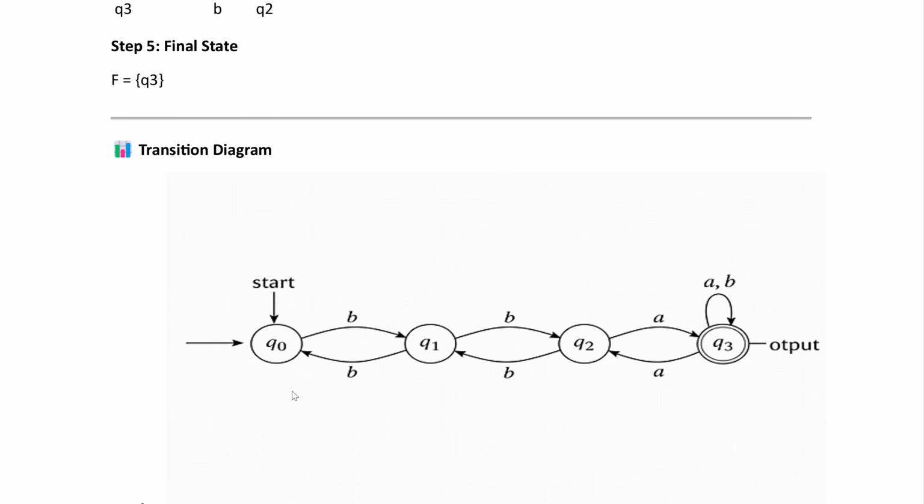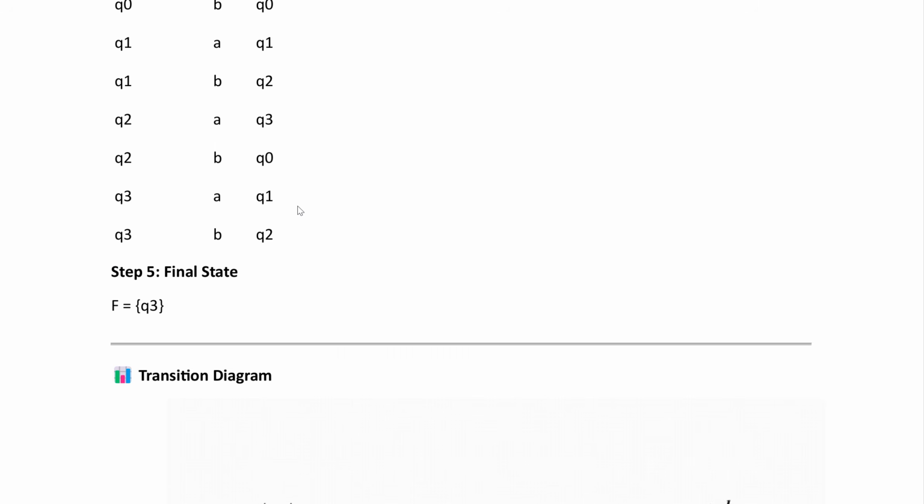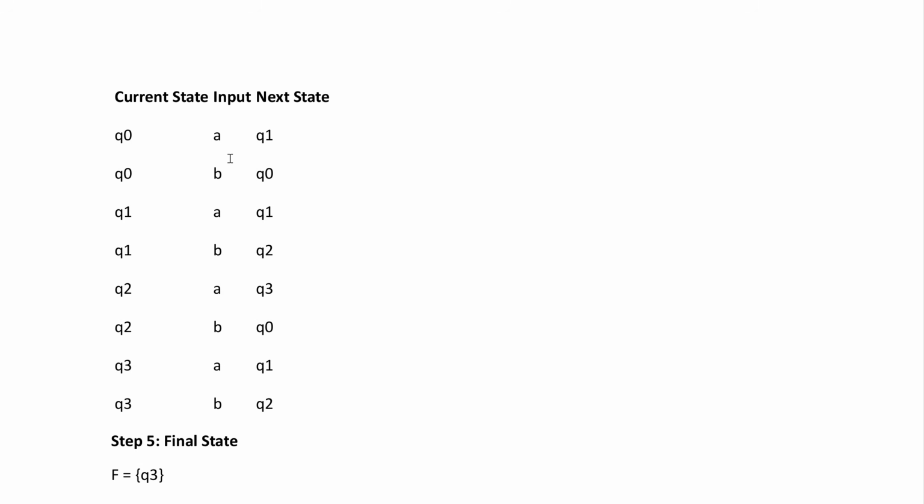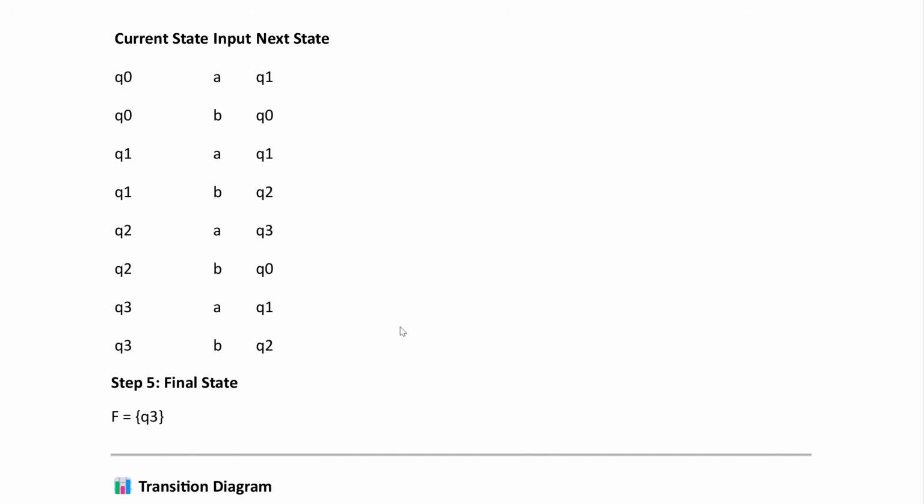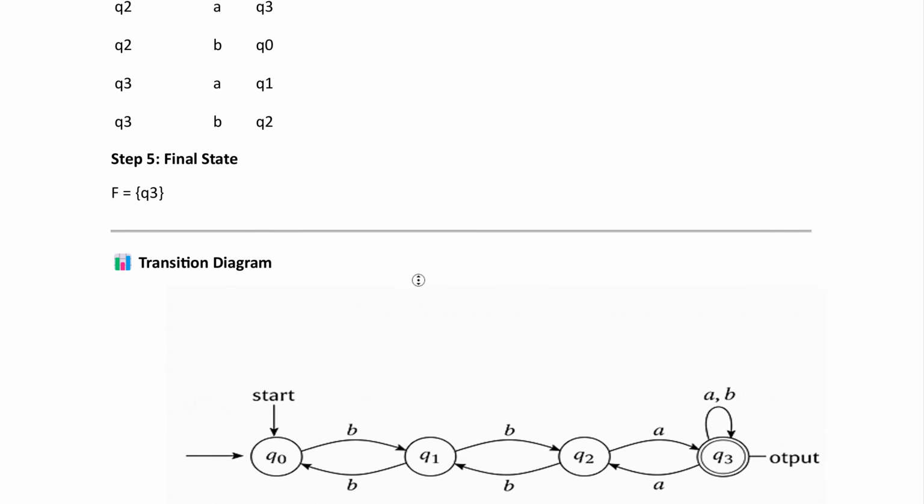So you can correct this diagram as I have explained earlier to you. That is, when we apply the symbol A here in place of B, there should be A. When we apply symbol A on state Q0, we get Q1, and when we apply B on Q0, we get Q0, right? So as you can see, the rest of the transition diagram is okay.